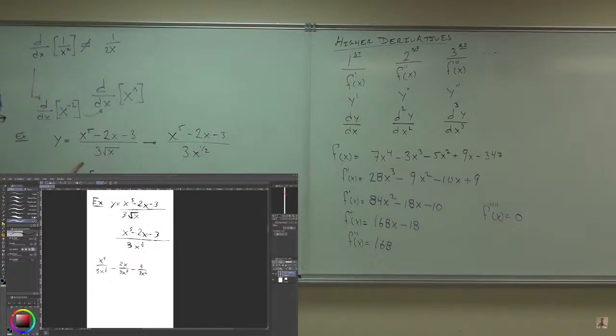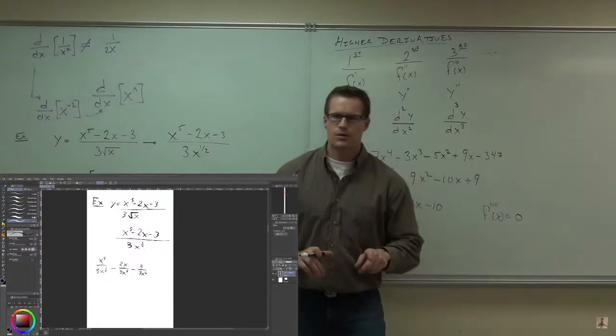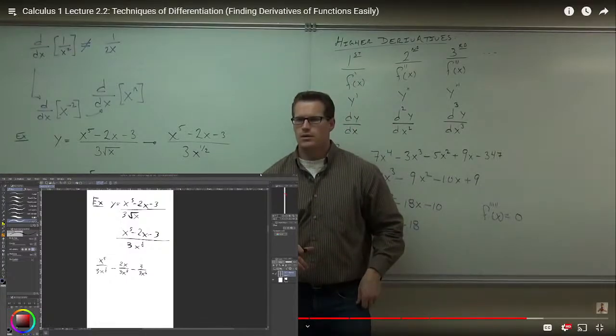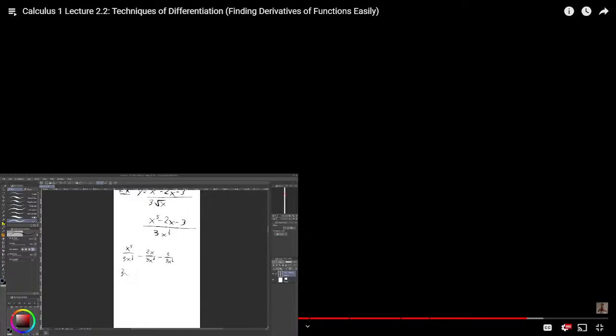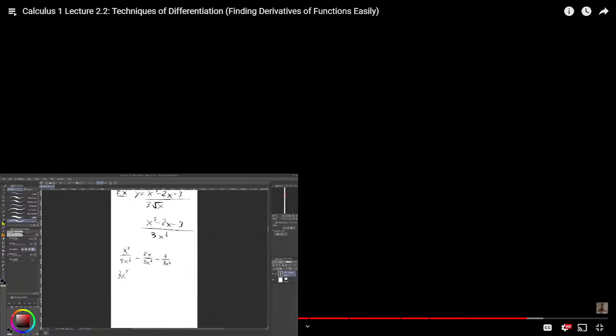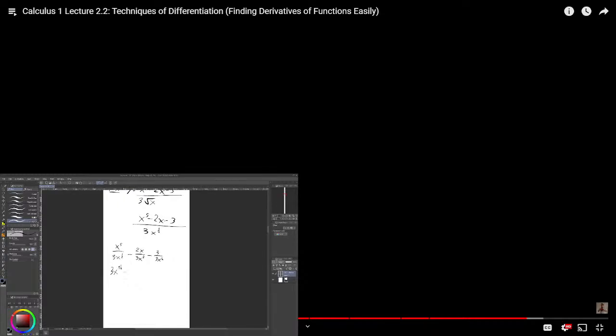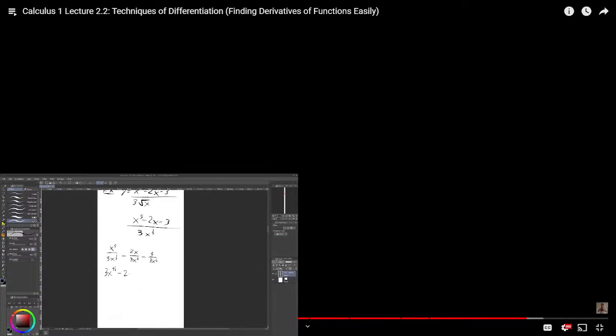Can you combine those? X to the 5th and x to the 1/2? How do you combine those? Oh wait, subtraction, right? Would it be like this? Wait, what do you do if this would be a third, wouldn't it?